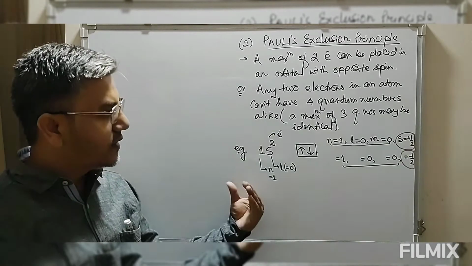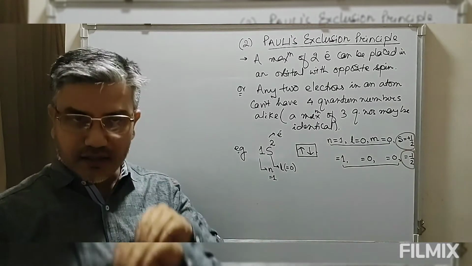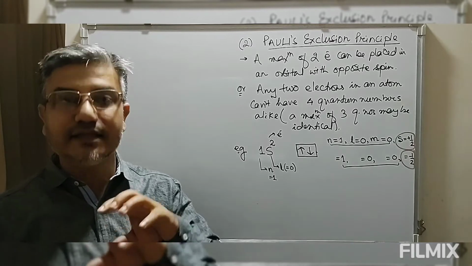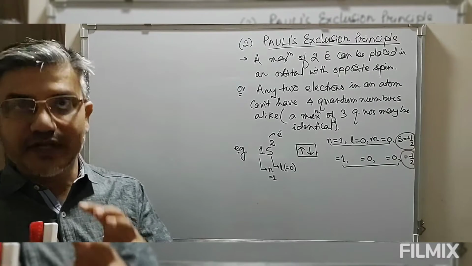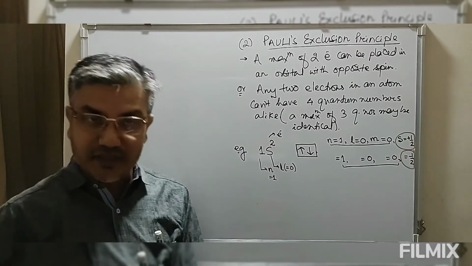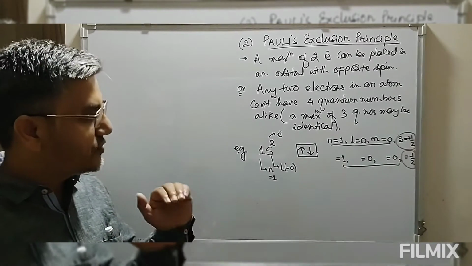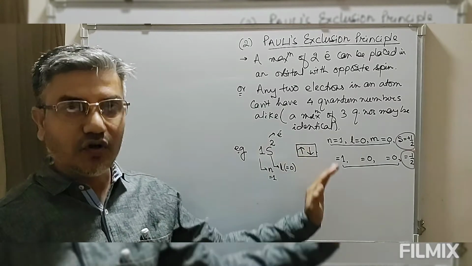So while placing electrons, one has to keep in mind that a maximum of 2 electrons should be placed in any atomic orbital, subject to the condition that these electrons should have opposite spin.